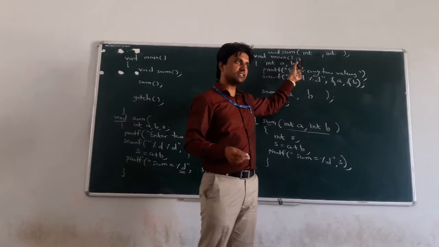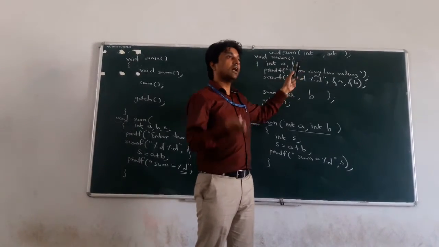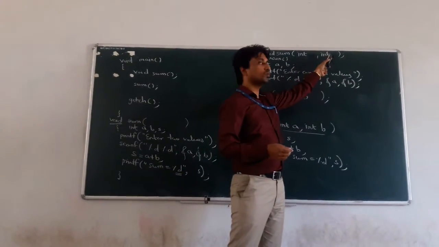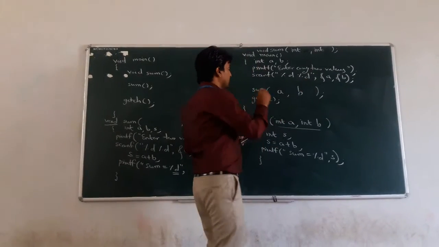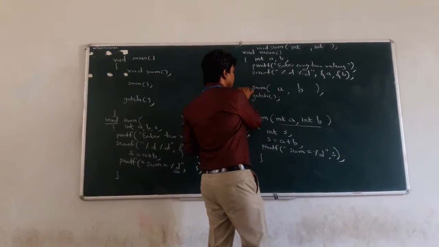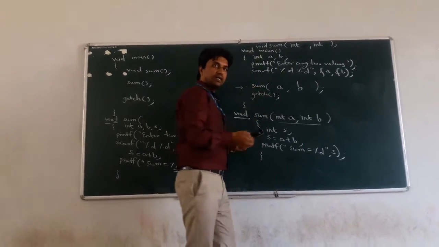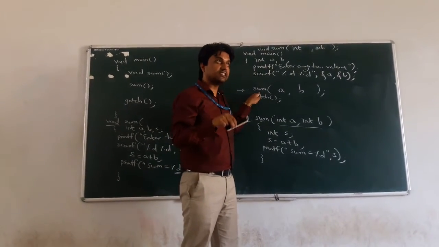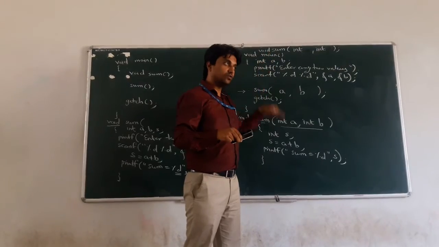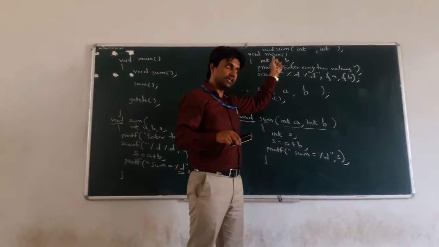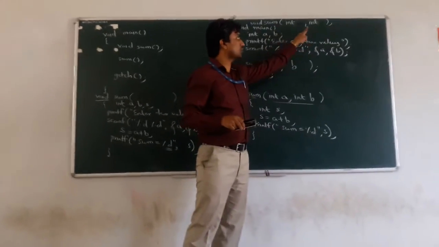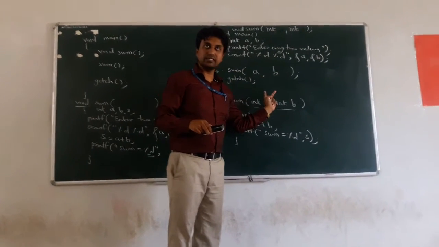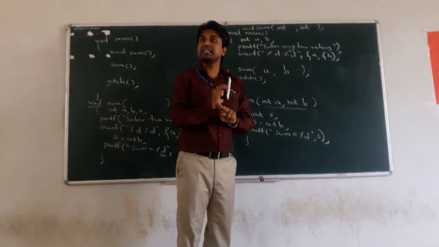You can treat it as a user defined function. And what are the arguments? Two integers. So when this function call executes, the compiler already knows that sum is a user defined function which is already declared, and two arguments are passed, so it does not give any syntactical error.